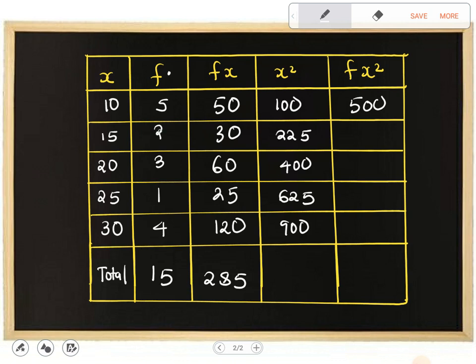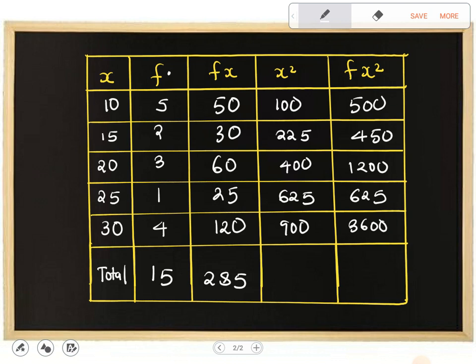What is 2 times 225? 450. Then 3 times 400, 1200. Next is 1 times 625, giving us 625. The next one is 4 times 900, getting 3600. We are also going to find the total for this one.